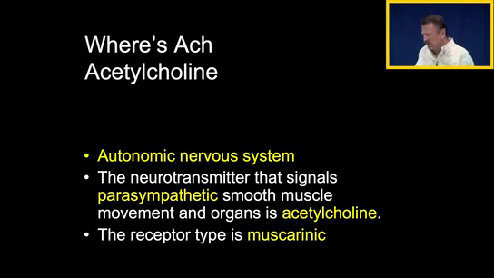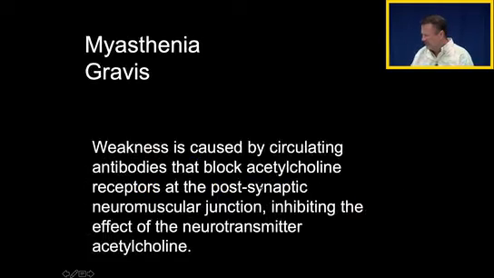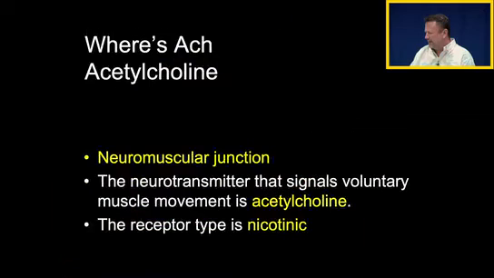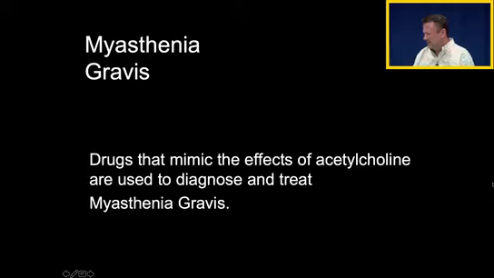And so I bring this up because if we talk about a muscarinic drug, we're talking about a drug that affects the parasympathetic nervous system. We're not talking about the neuromuscular junction. All right, so muscarinic drugs are not going to affect nicotinic receptors and vice versa, and that's why we talk about that.